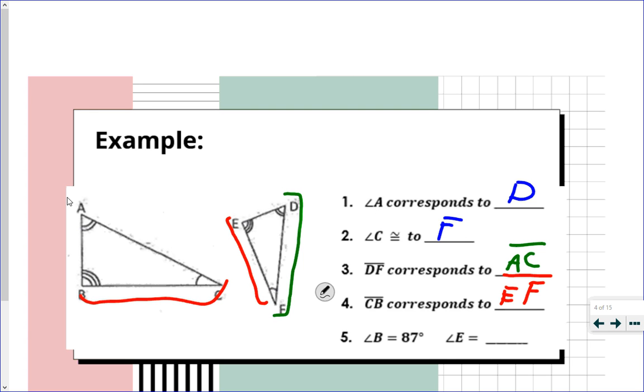And then once again, because we know that angles for similar triangles are the same, angle B, if this is 87 degrees, what is angle E? Yes, 87, correct. All right. And we'll move on.